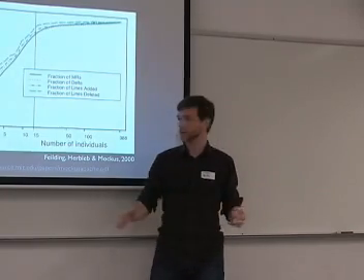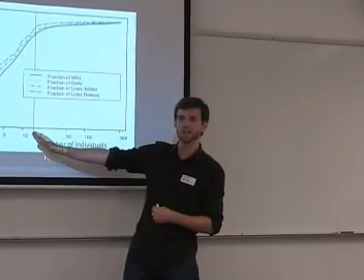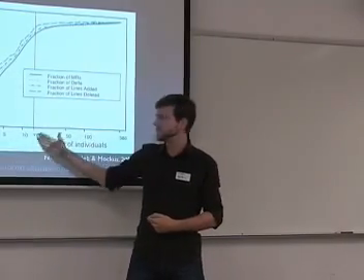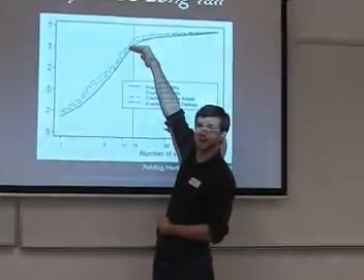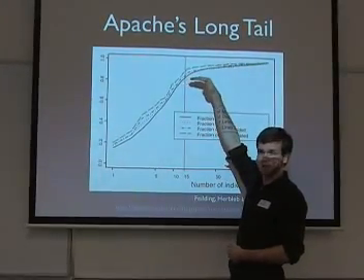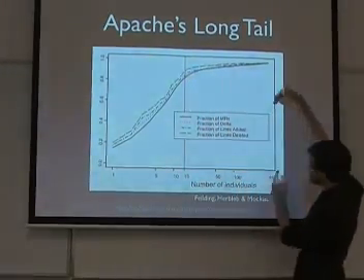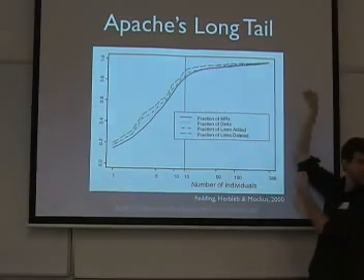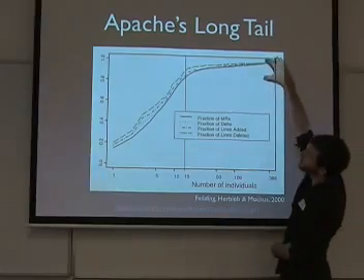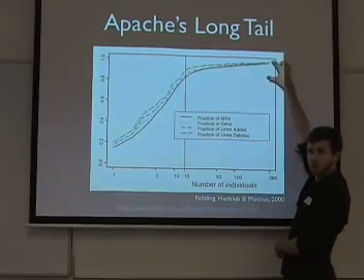In a commercial project, you can only afford 15 developers. A software company can only afford to pay 15 developers, so they only get 80% of a product. And this is why you see lots of odd bugs in a lot of commercial software. They don't have 400 other people doing beta testing and submitting back code. So that's why you see the difference in quality in a lot of open source projects.